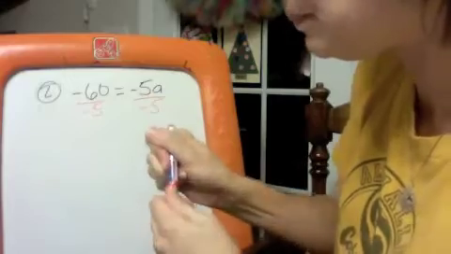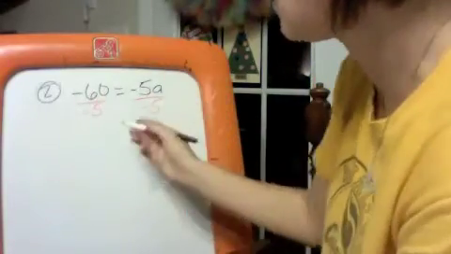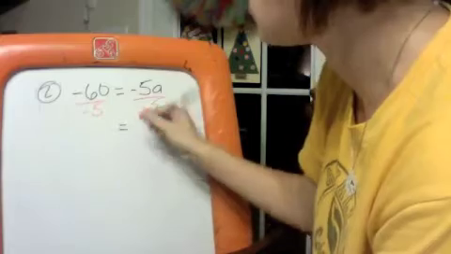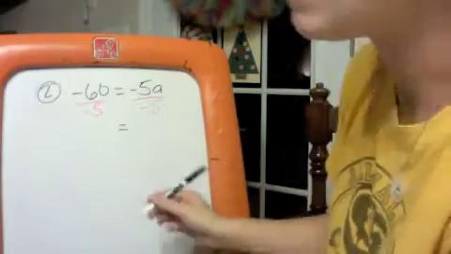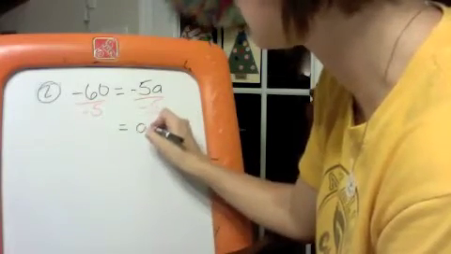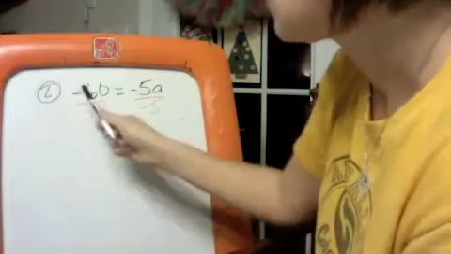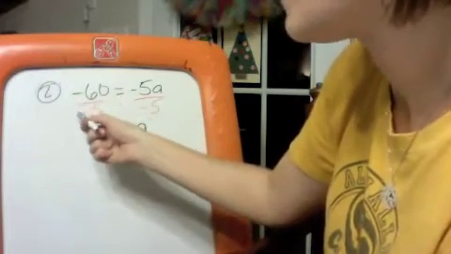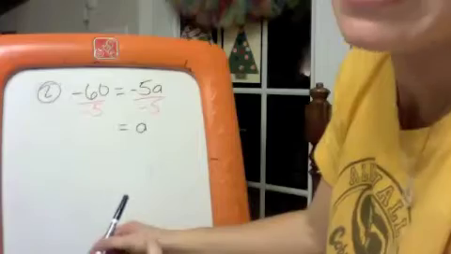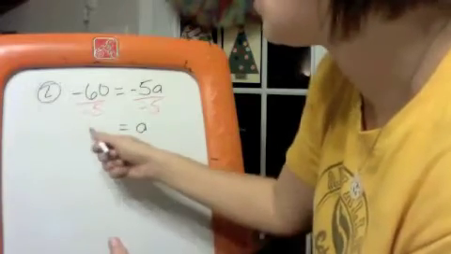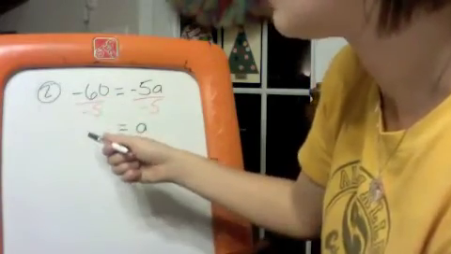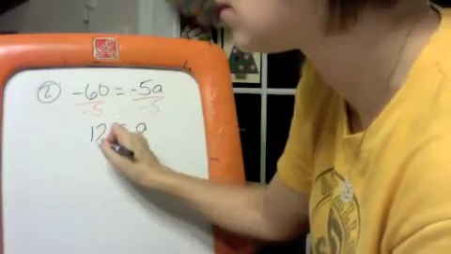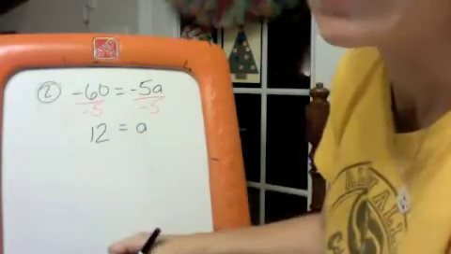When I do that, I then can divide through. I know that negative 5 divided by negative 5 is going to be a positive 1. And so I'm just going to be left with that a, that variable. I know that negative 60 divided by negative 5, a negative divided by a negative is a positive. So then I just look at 60 divided by 5, and that's going to be 12.